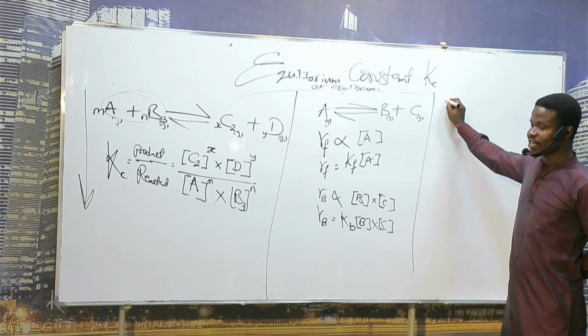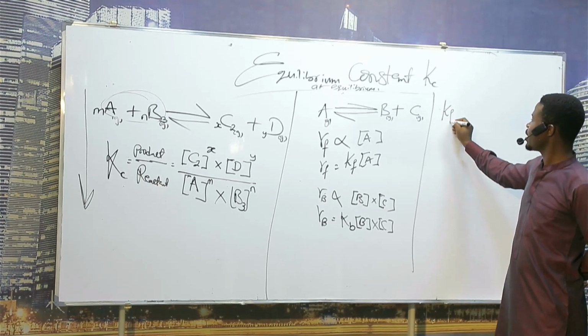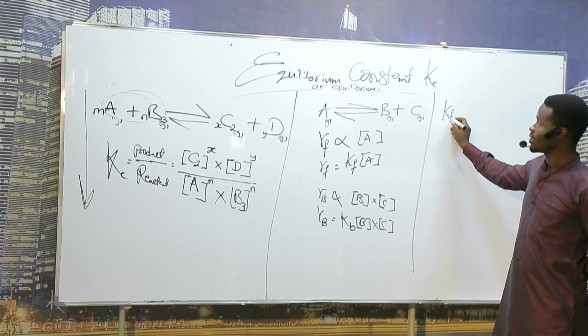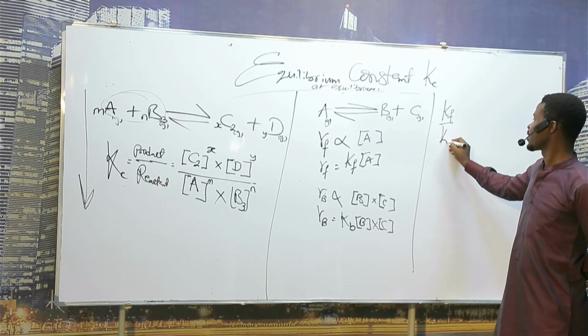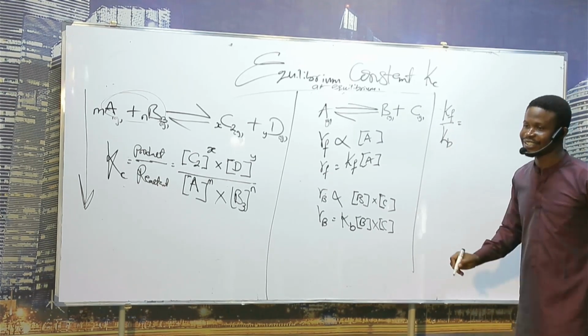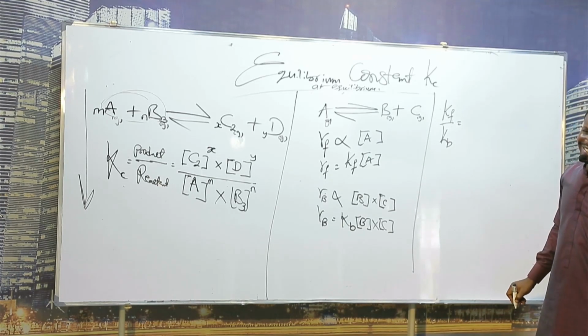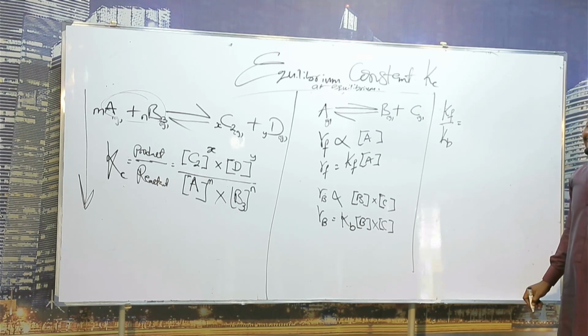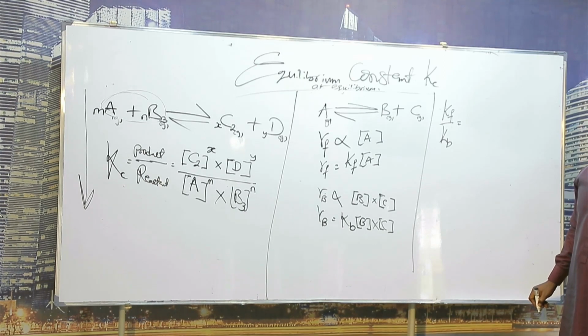Is it KC first? KF all over what? KB is what?